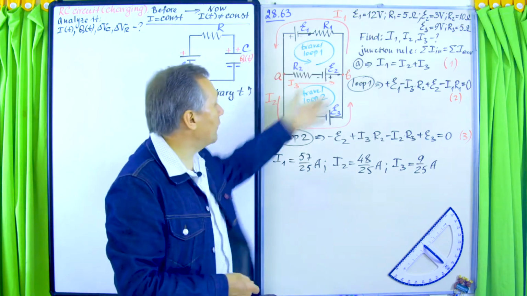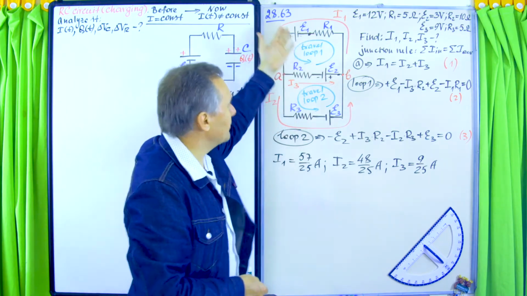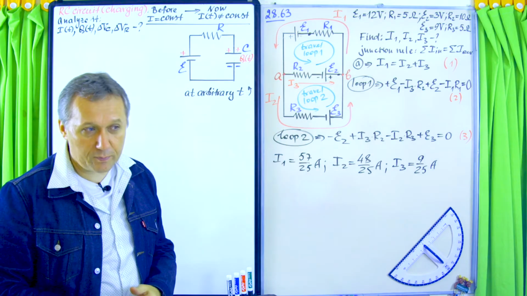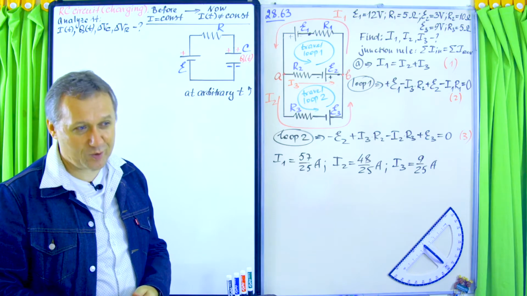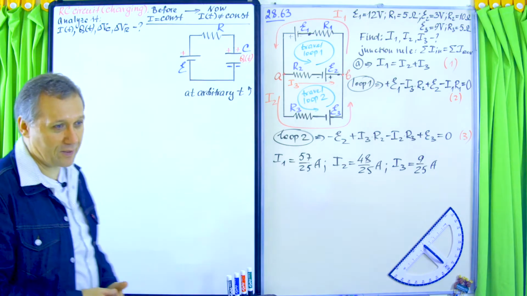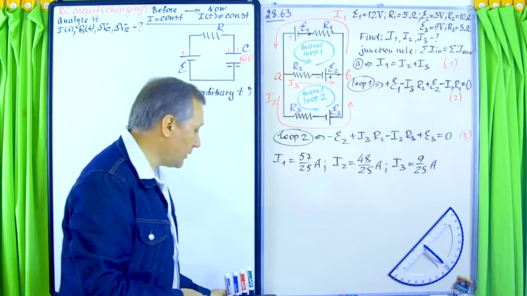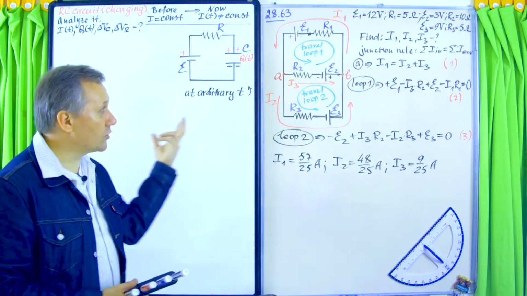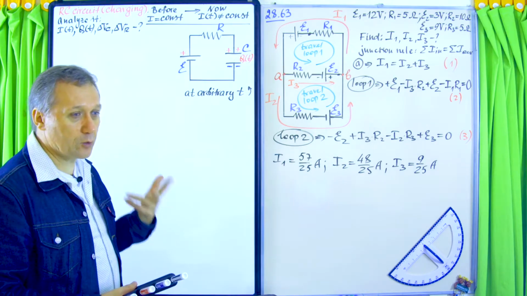All the time over here we had resistors and batteries, but we never had a capacitor. But it's not a big deal. We can easily write the contribution delta V to the loop equation for the capacitor, and you will see how.